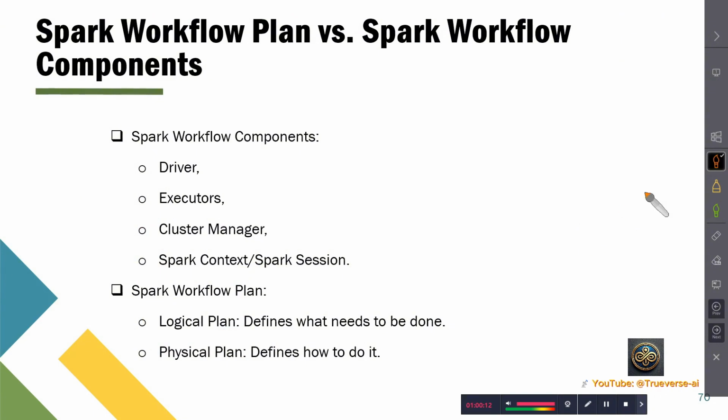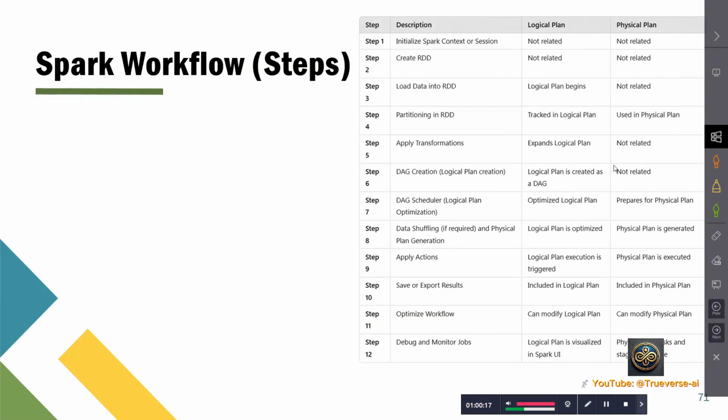Okay, let's go to the table. Here we have several steps. Step 1: initiate a Spark context and session, create an RDD. So it is still not even logical. When we load data to the RDD, we use the data abstraction. We put the data.